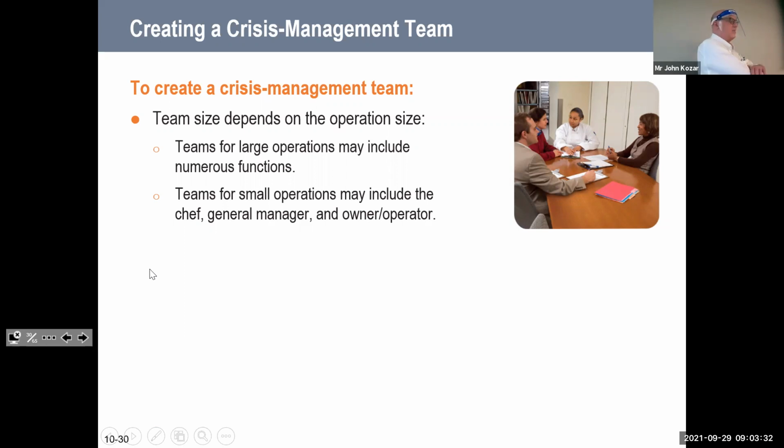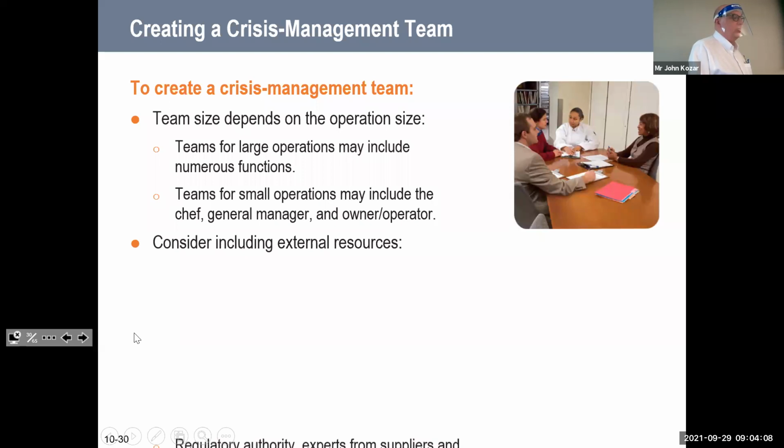Some of the teams include the vice president for academics, but also the buildings and facilities manager will be part of that team. We have a safety manager, university police. So there's a lot of people that could be on the team, depending on what type of crisis you're anticipating.